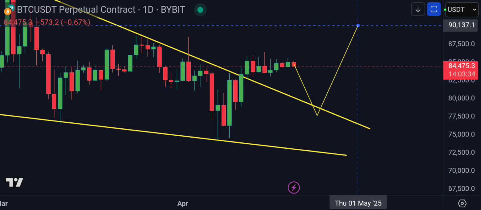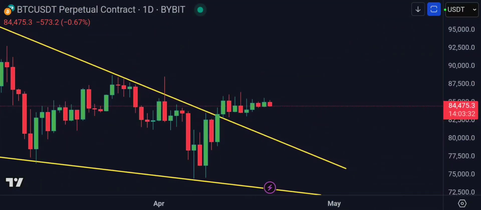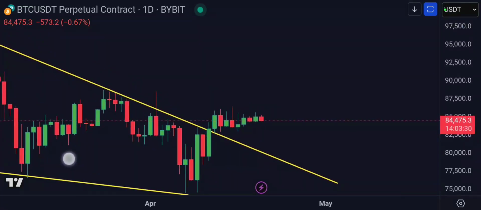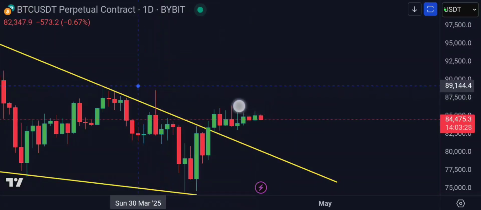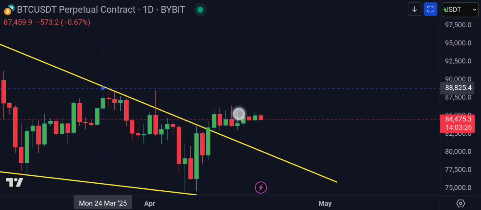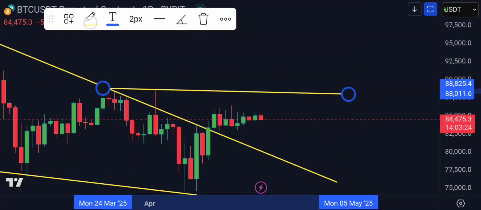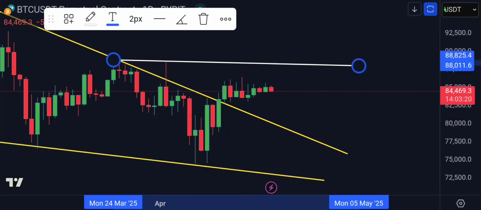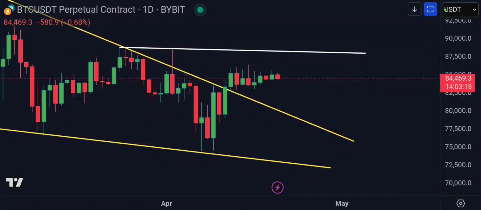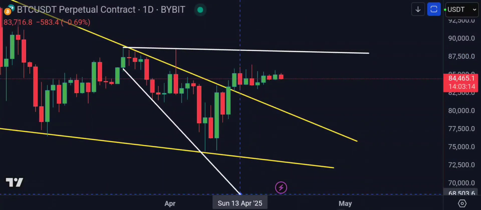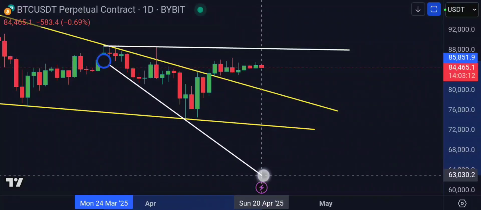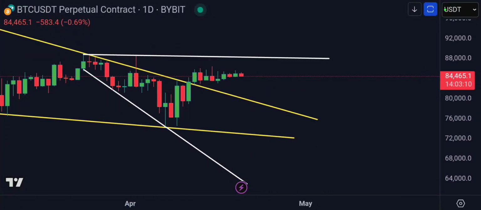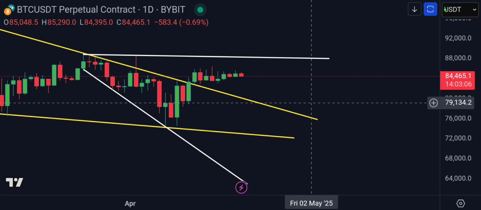But looking at another point of view now, we can see a right angled descending broadening wedge starting on the price chart from here all the way to this zone. Let's change the color. Let's get ourselves a white on this zone and do the same for the other side. We get ourselves a price level like this. So we've gotten ourselves a right angled broadening descending wedge, and according to this pattern now, you can actually see something very clear.